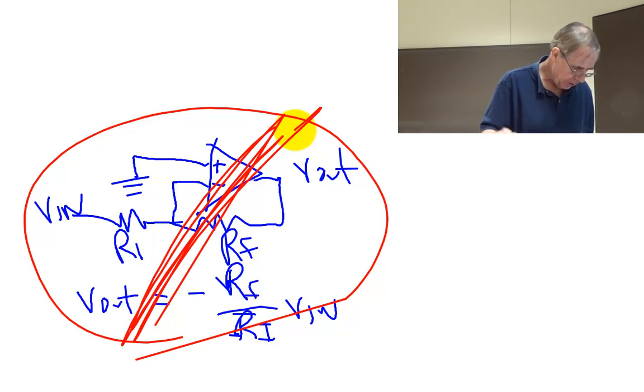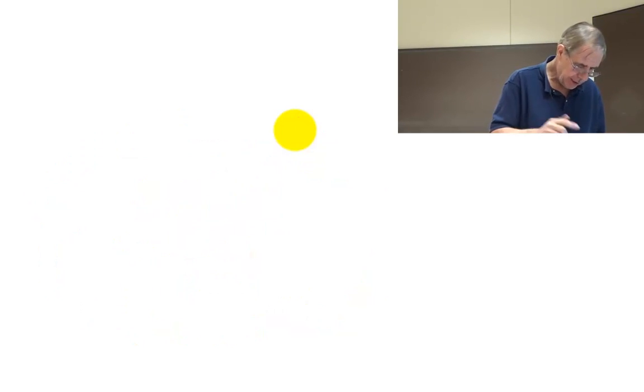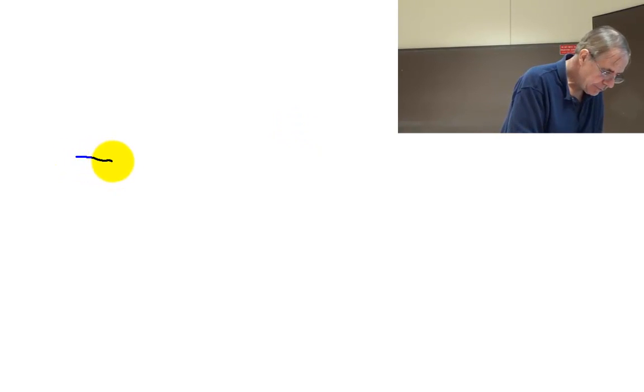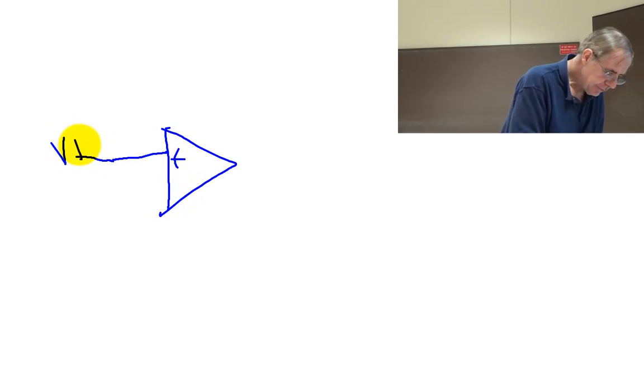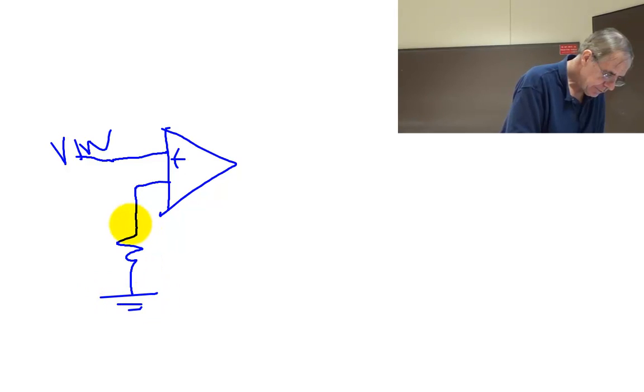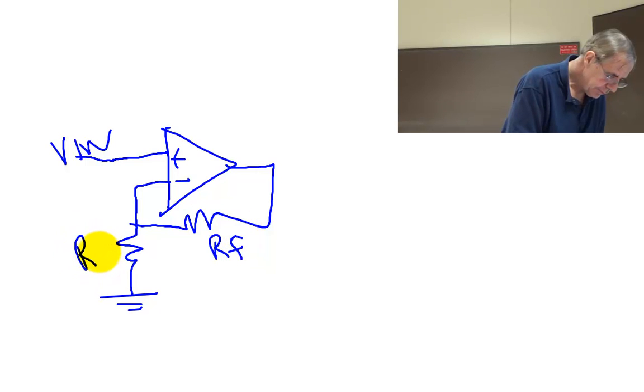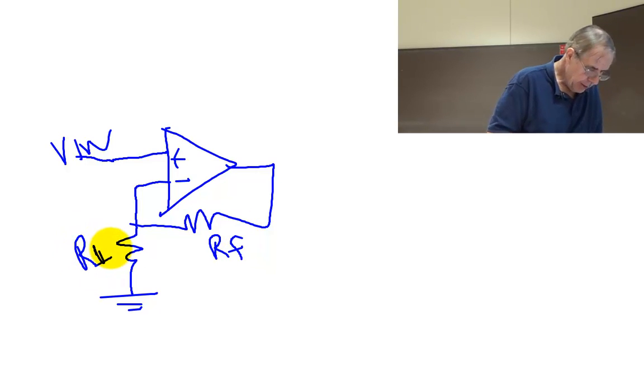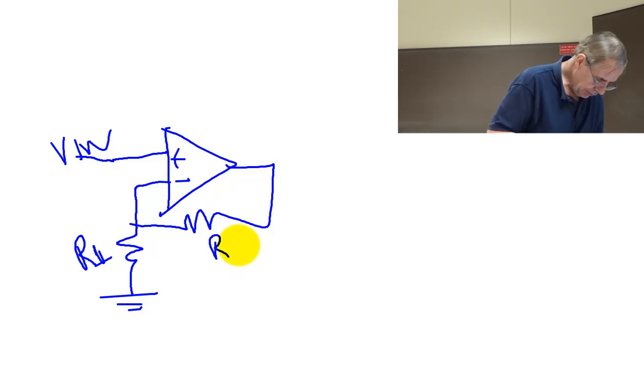But let's start with a simple one that is buildable. And that's the positive gain amplifier. Call this R2.